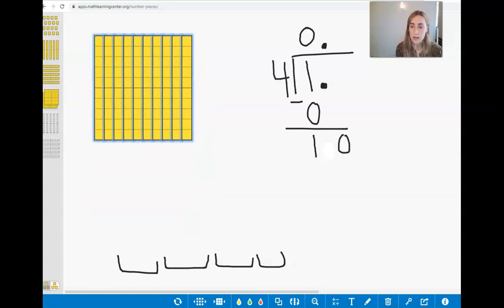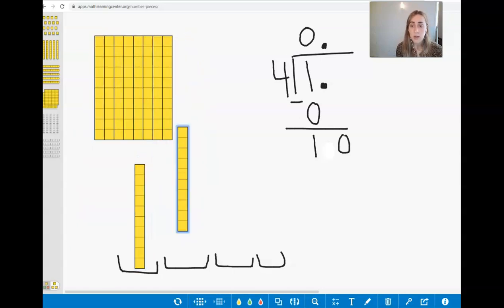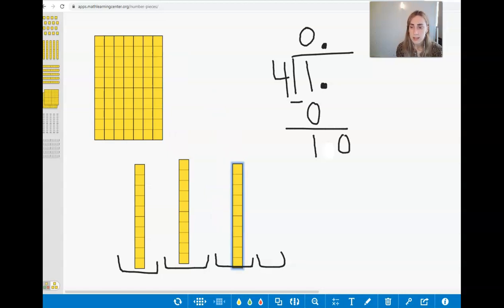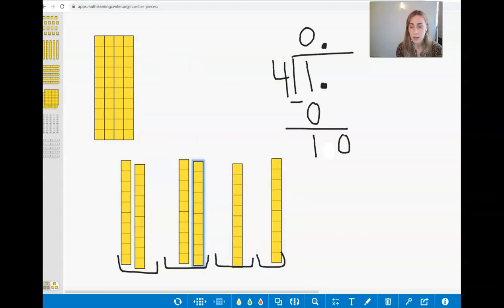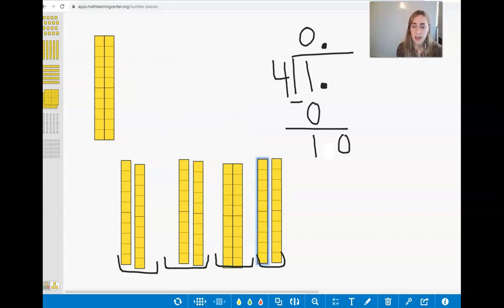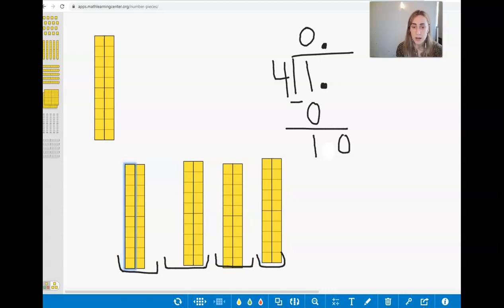So I'm going to start equal sharing my tenths and see what I end up with. And the way that's going to show up in the long division is by asking ourselves, how many times does 4 go into 10? It goes in twice, which means I have 2 tenths in each group. And I'm going to represent that by writing a 2 in the tenths place.